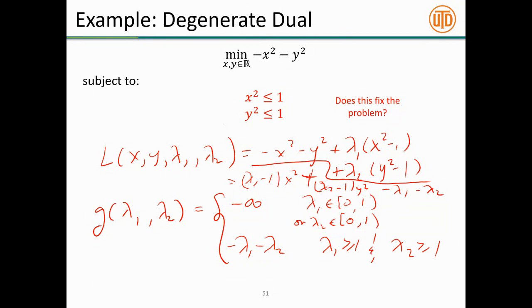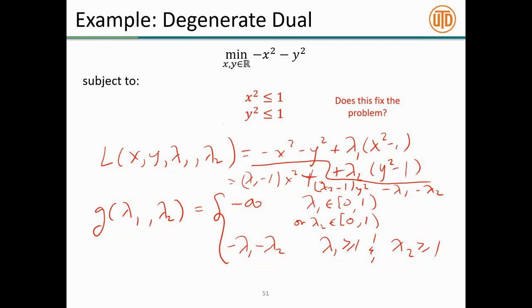The way that we interpret these negative infinity values is that we know the optimization problem in the dual will be maximizing. The maximum solution can never occur at a place where the dual function takes the value negative infinity, unless the dual function takes the value negative infinity everywhere. If there's even one place where it takes a finite value, then that's going to be larger than negative infinity.